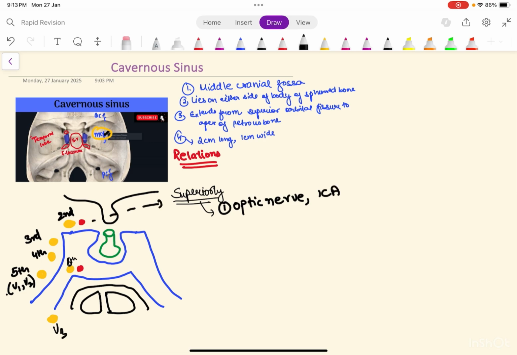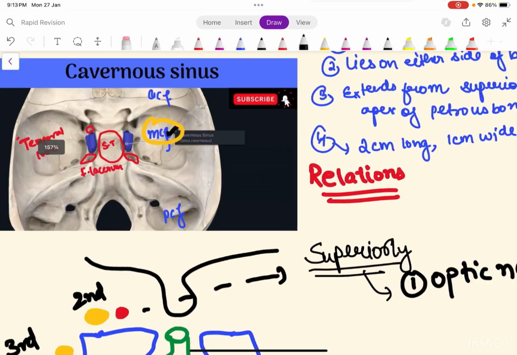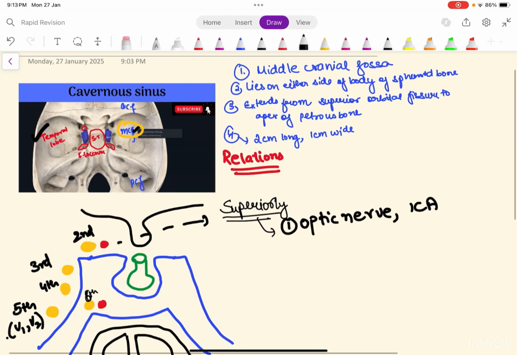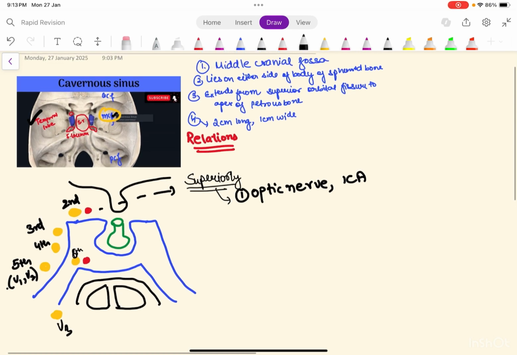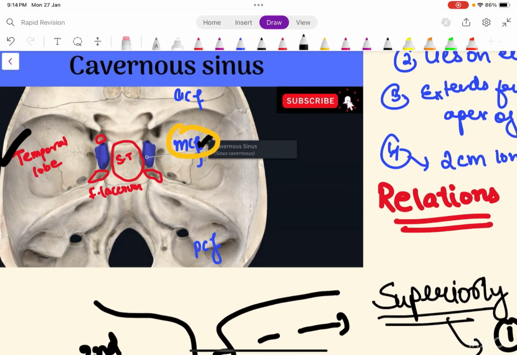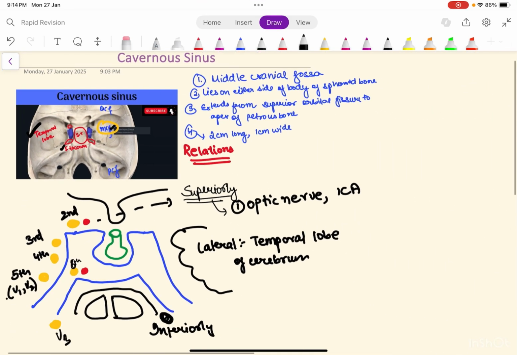Then laterally, what you have is the temporal lobe of the cerebrum, so you can make it here. Then inferiorly, see here, inferiorly the foramen lacerum.